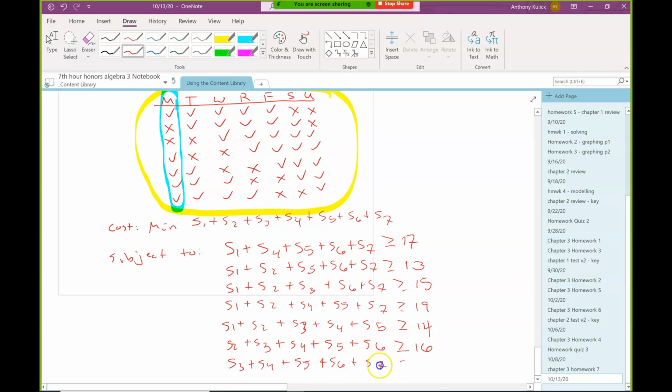Thank you. Okay. Are there any other constraints here? Are there any other constraints that we have to worry about?